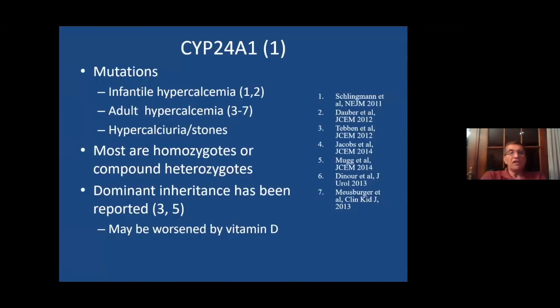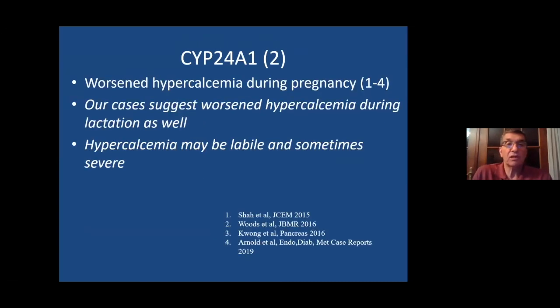So these mutations are known to cause infantile hypercalcemia, and now several reports of adult-recognized hypercalcemia, and just people with hypercalciuria and stones. Most are homozygotes or compound heterozygotes, although there have been reports of what appears to be dominant inheritance, not surprisingly worsened by giving patients vitamin D, which gives too much substrate.